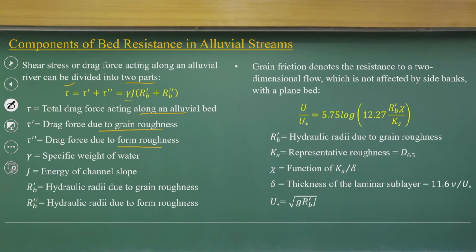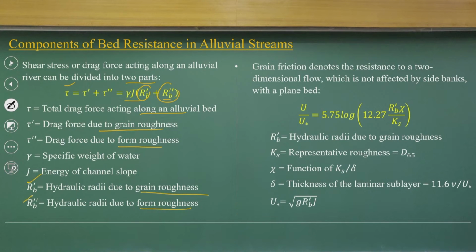Again we can write the shear stress in the form of friction slope and the hydraulic radius. So, we define this hydraulic radius separately for grain roughness and form roughness, which you should try to understand.